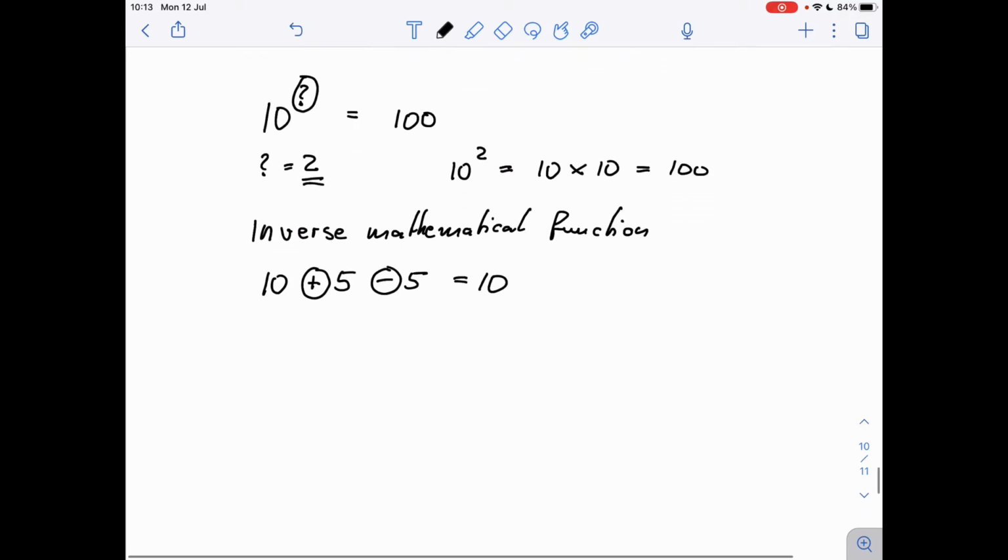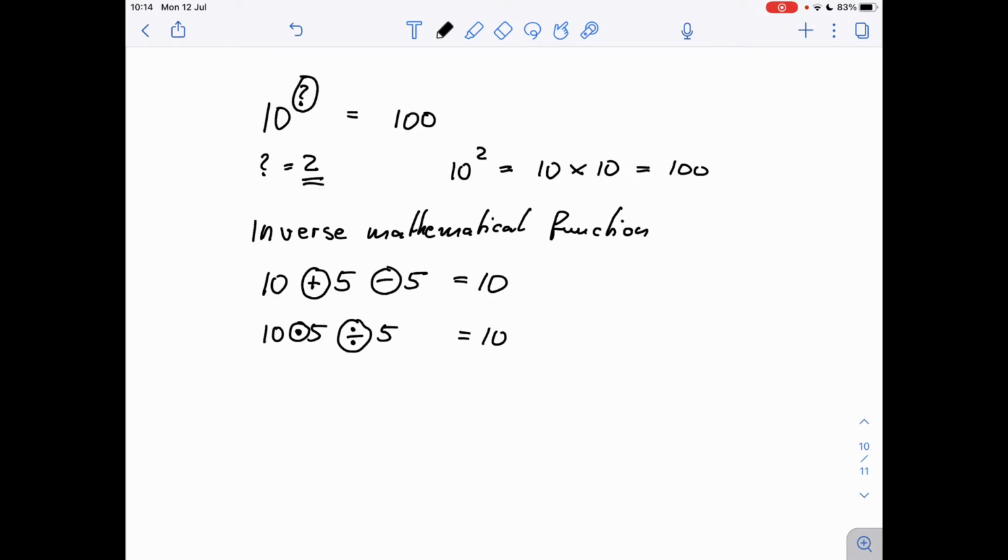So the inverse mathematical function of plus is minus. And the inverse mathematical function of multiplication, say 10 times 5, what is the inverse function that gives us our original number? Yep, you're right. We just simply divide by 5. So the inverse mathematical function of multiplication is division, because that gives us our original number.